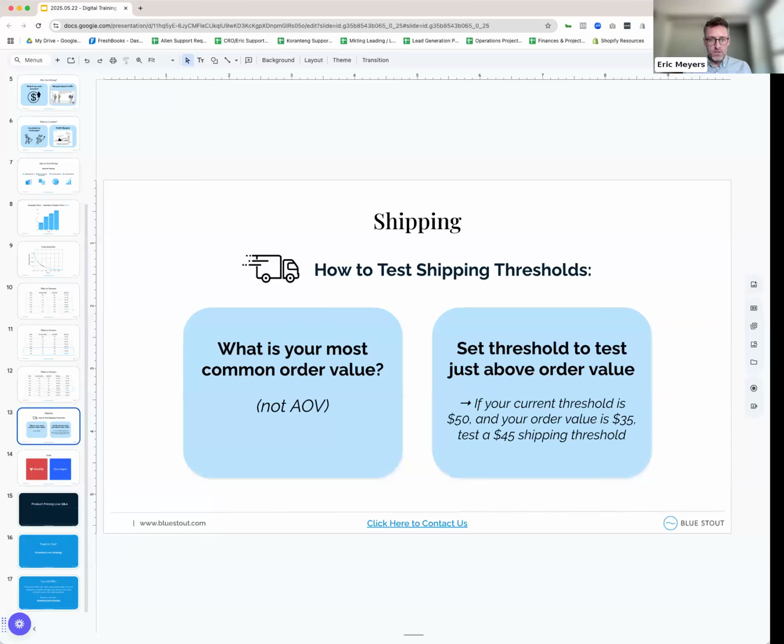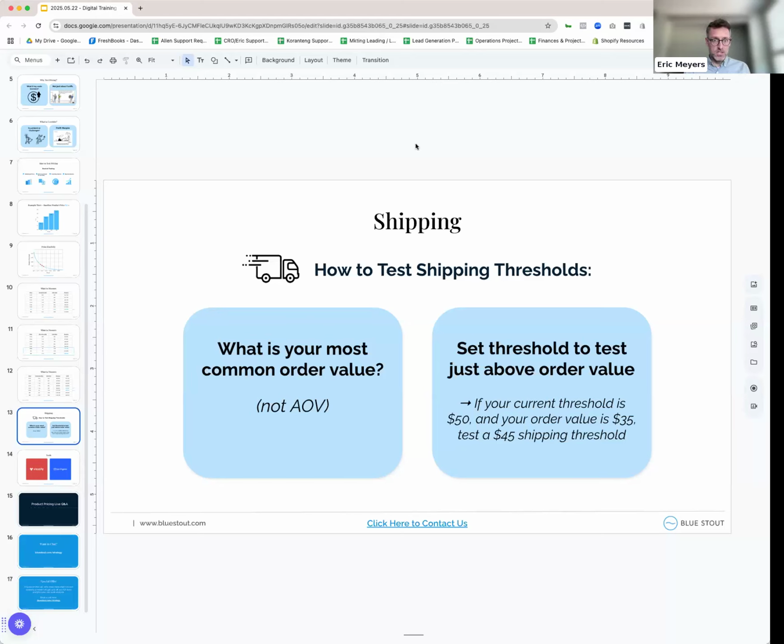So within a range, what is the most frequent number of order values? Let's say, for example, you have a site where your free shipping threshold is $50. Ideally, you would see, oh, I have a ton of cart values that are $45. That's the biggest audience of cart values that I'm trying to lure a little bit higher. So we take that and dump it into a bar chart.